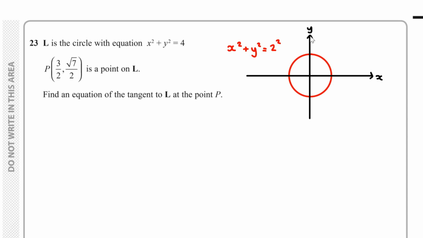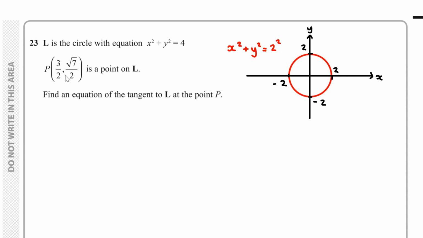So here, sketched on an axis, we've got x squared plus y squared equals 4, and the 4 I've rewritten as 2 squared. The reason I've done that is because I can identify the length of the radius is 2. So the graph intersects at the points 2 and minus 2 on each axis.